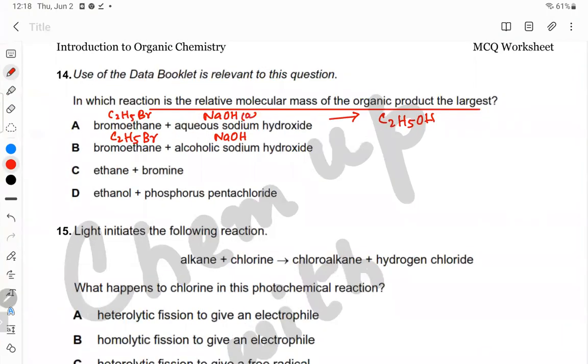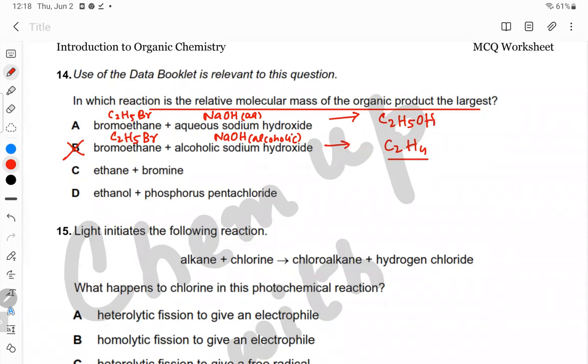Here I have aqueous sodium hydroxide. Here I have alcoholic sodium hydroxide. Then I'm going to get C2H4, right? An alkene. So that makes me mark B wrong, because the MR of B must be smaller than the product of A.